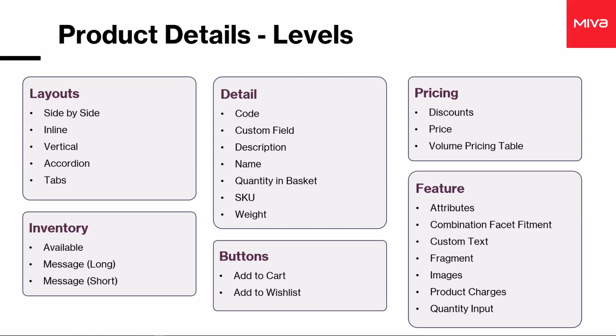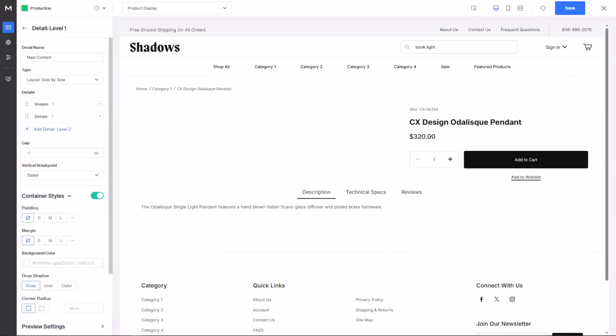Each of these types comes with its own specific settings. For instance, like we talked about before, the main content is level 1, and that is using the layout side by side.